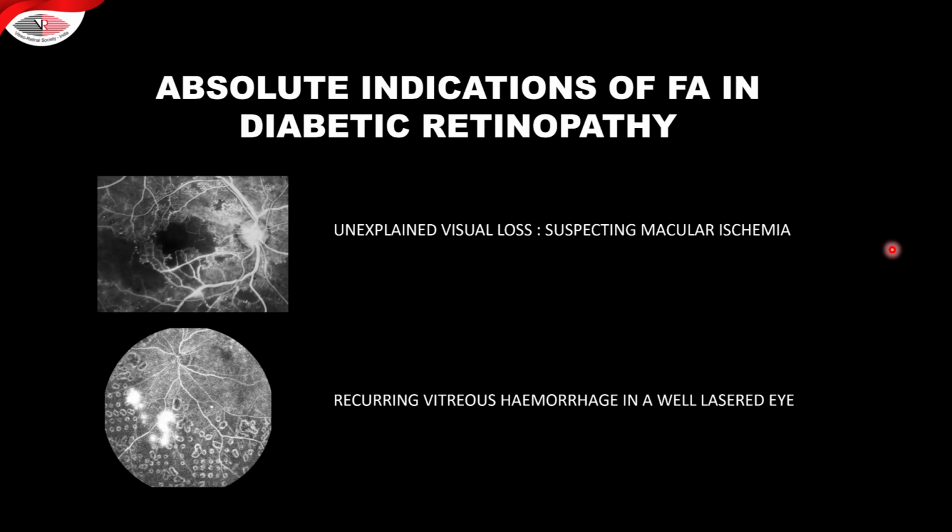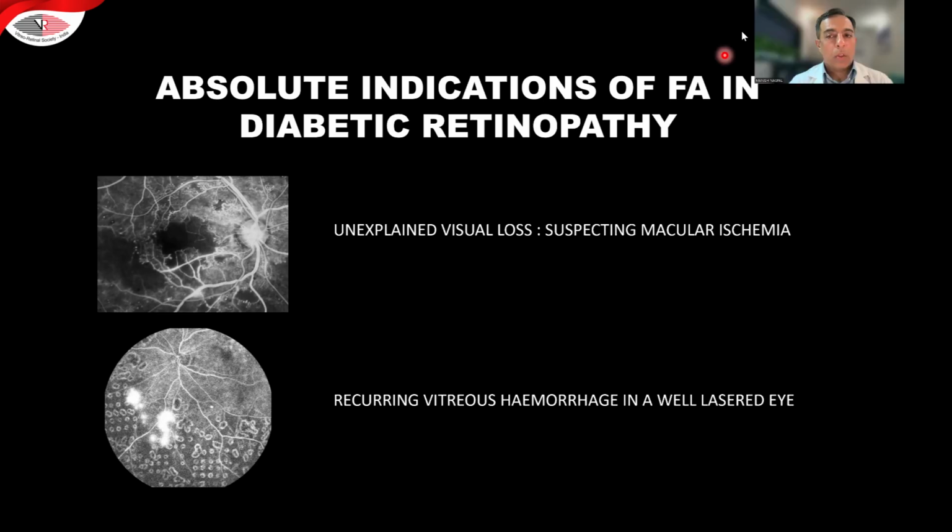But the second one is recurring vitreous hemorrhage in a well-lasered eye. You've lasered, you've done everything, and now the patient comes to you with history of some hemorrhages which happened and cleared, or there is a fresh hemorrhage and floaters he's come with, and you see vitreous hemorrhage which is resolving, and you want to know where exactly it is leaking and where more laser needs to be done at this stage.